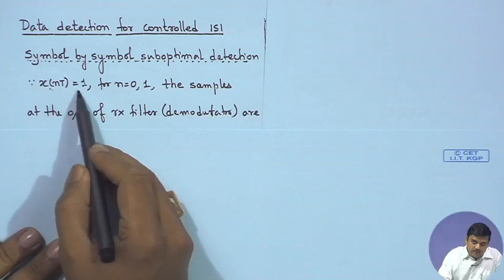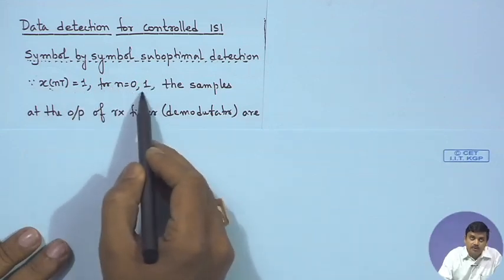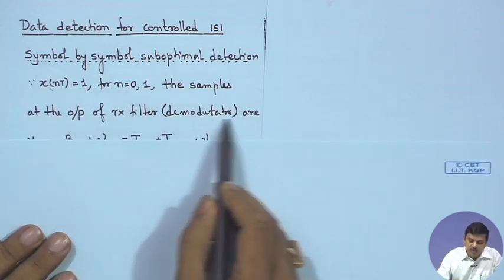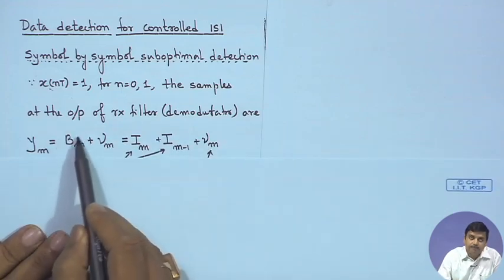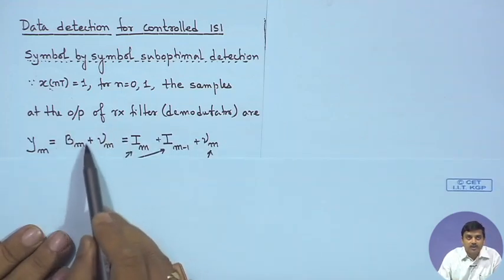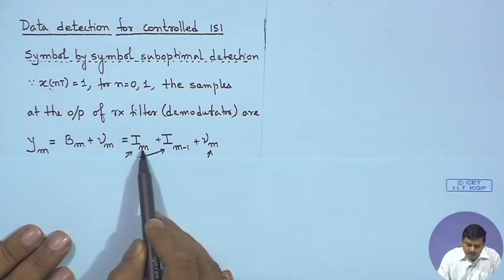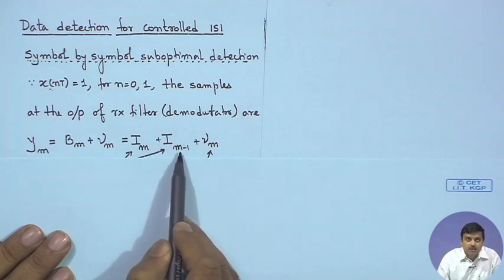So, looking at symbol by symbol suboptimal detection. Since x n of t is 1 for these values, that means at 2 sampling instances it is non-zero, the samples at the output of the received demodulator filter are y m, which is some b m plus noise, and b m is the ith amplitude plus the i minus 1th symbol.